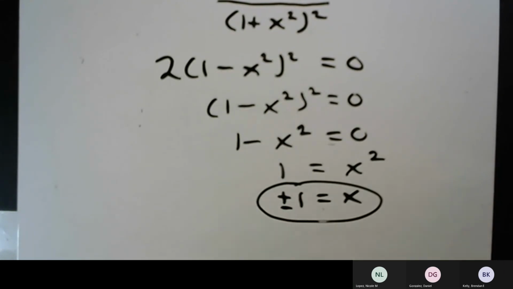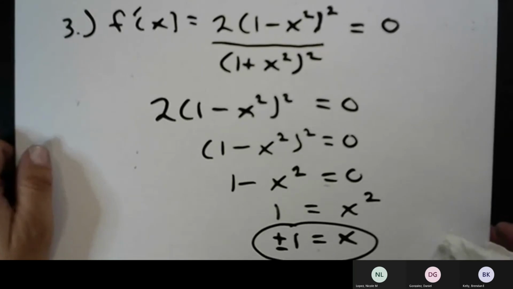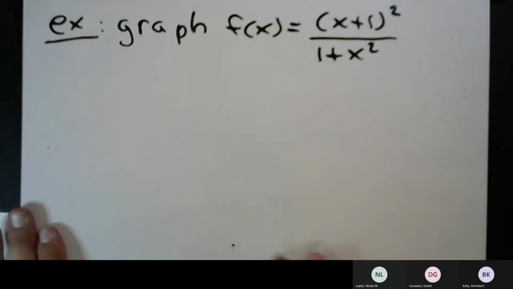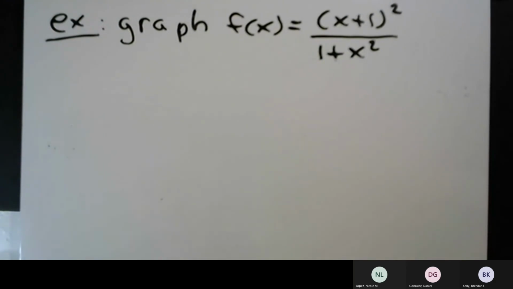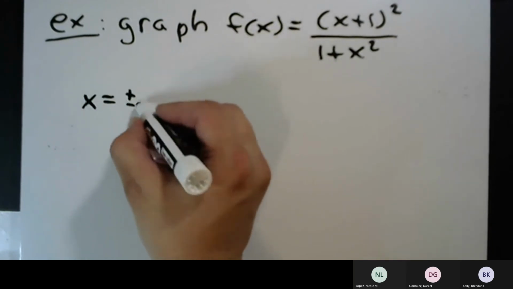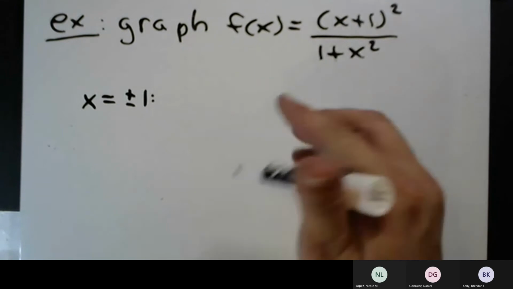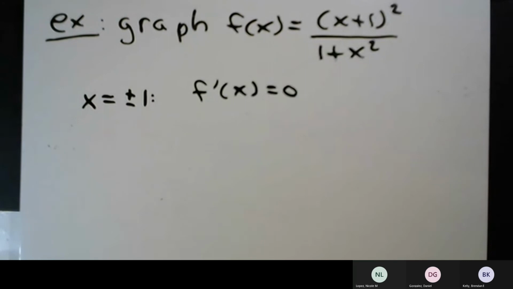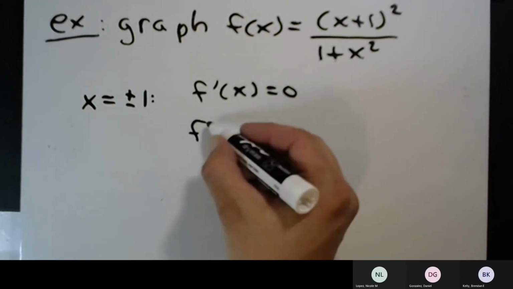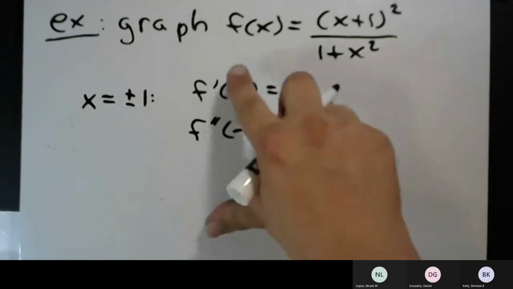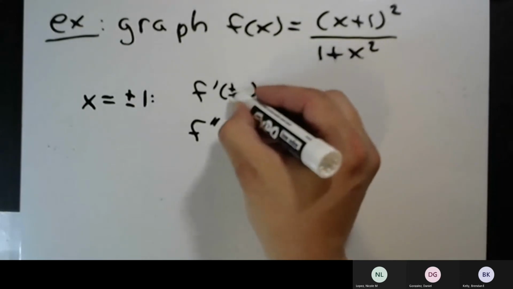So what this tells us is that we want to look at the behavior of these critical points. Well, we know they cause f prime of x to be 0. Now, if we take a look at the second derivative, I'll put the plus or minus 1 in here.